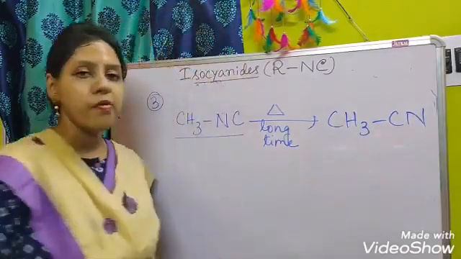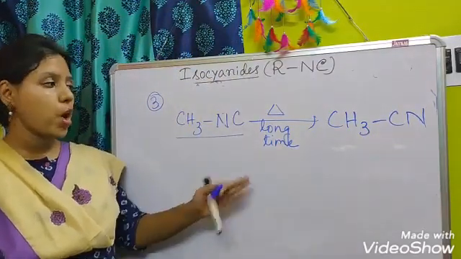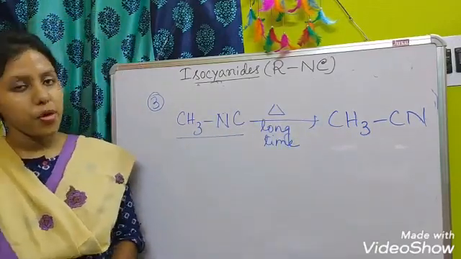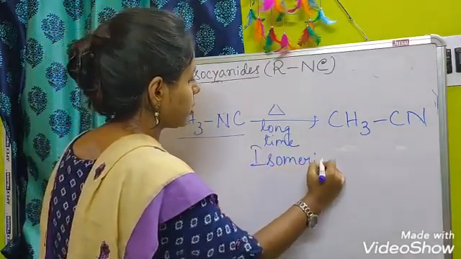So whenever we are heating isocyanide for a longer period, it will be converted into the more stable cyanide form. This process is known as isomerization.